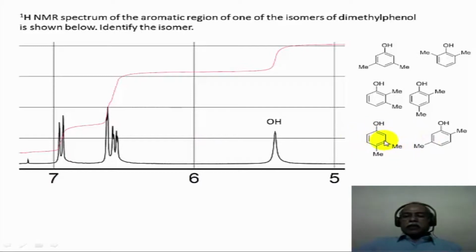Perhaps this would be the correct answer among the 4 choices, based on the simple fact that these 2 signals are coming from highly shielded positions, which could be the ortho positions to the hydroxy functional group. And therefore, this is the only molecule where there are 2 hydrogens ortho to the phenolic hydroxy functional group.